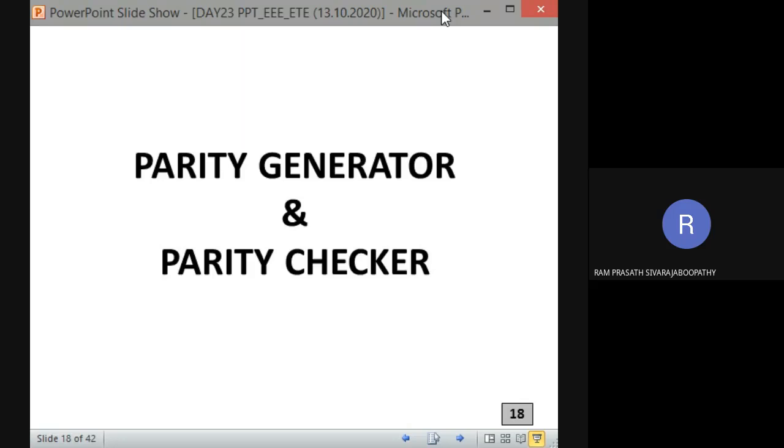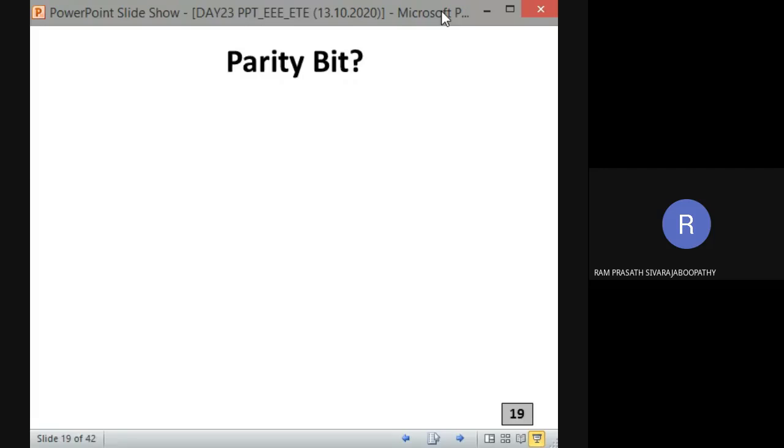First of all, we have to know what is meant by parity bit. What is a parity bit? If I have a message, along with it I am going to add one more bit called the parity bit, such that it always forms either odd parity or even parity.